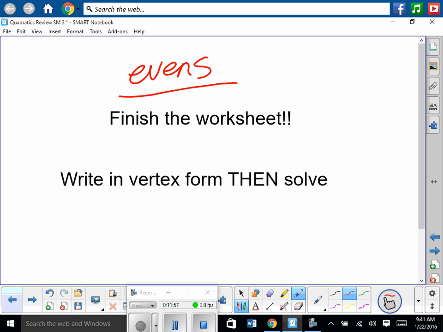So, back page evens. I'll write down the exact problems. You're going to be doing 14, 16, 18, 20, and 22. I think that's fair. Because I was going to have you do the whole worksheet. I cut it down to those problems. Ready, set, go.